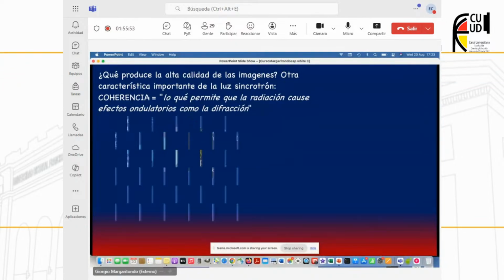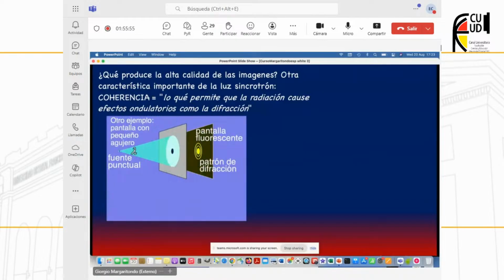Well, we must realize that there are actually two kinds of coherence. And in order to understand this point, let me start from an idealized case. The idealized case is that of a source of radiation which is a point source, no geometric dimension.